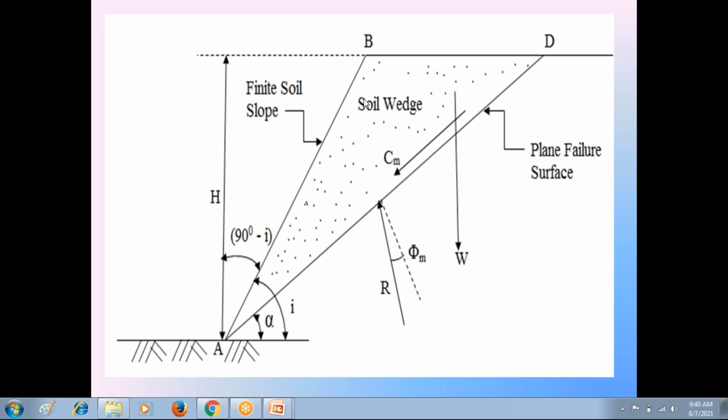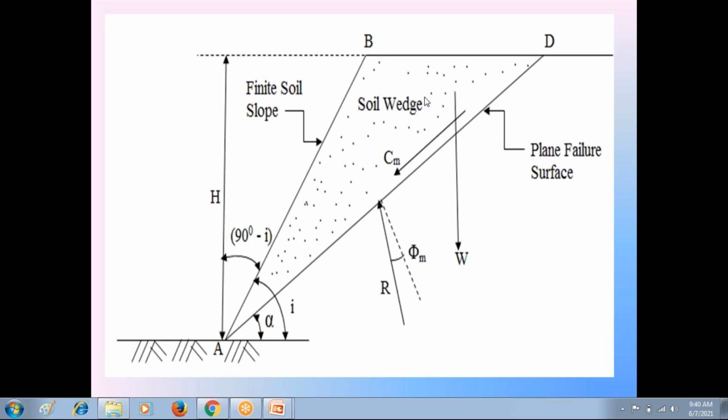At the time of collection of this soil from the borrow area, by conducting soil exploration procedures, either the standard penetration test or the vane shear test, find out the angle of internal friction phi of this soil in the borrow area, that is called the natural angle of friction phi.